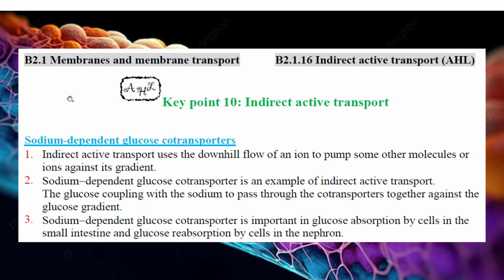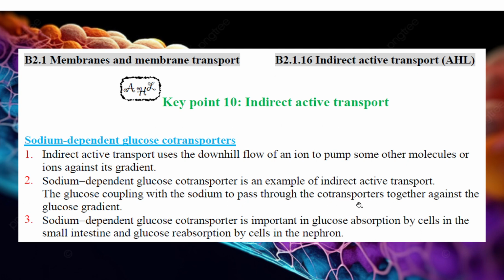On one side there's a higher sodium concentration, so sodium goes through the transporter. But at that time, the glucose is at a low concentration, yet it is moved through by the sodium, up the gradient, against the gradient. So sodium-dependent glucose transport is an example of indirect active transport.